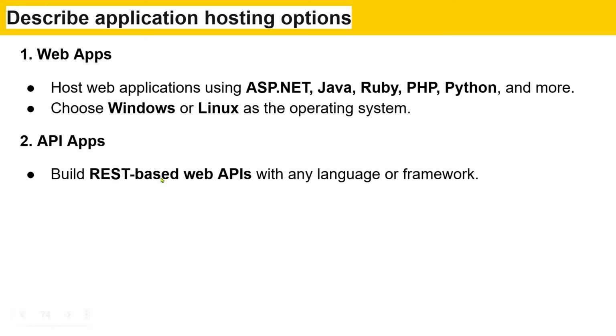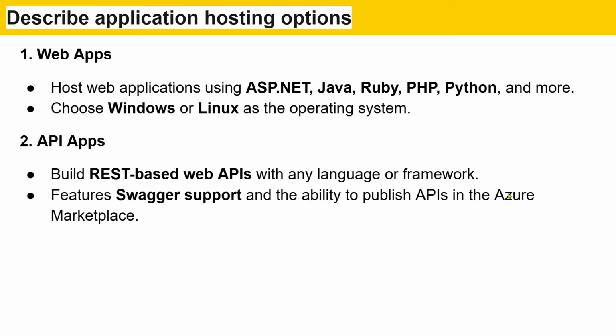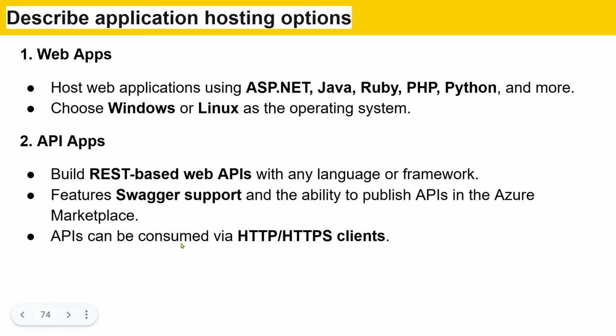Now API apps: you can build REST-based web APIs with any language or framework. There is something called Swagger. If you are not aware of these things, that's okay. But remember, when it comes to APIs, Swagger is where you see all the different APIs for an application. It features Swagger support and the ability to publish APIs in the Azure marketplace. APIs can be consumed by any HTTP or HTTPS clients.